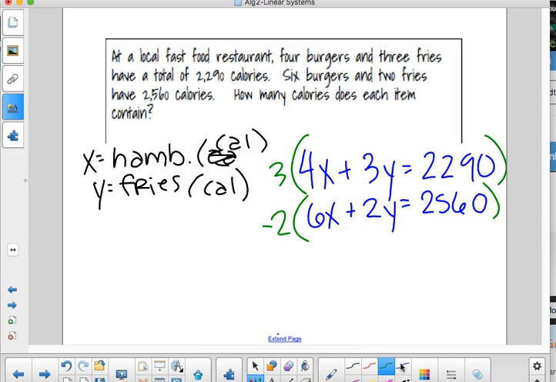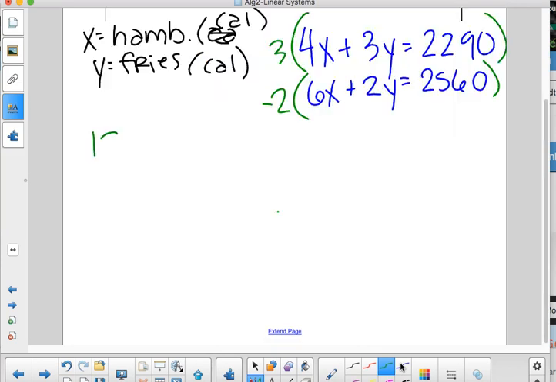4 times 3 will give us a 12x plus 9y equals -68, 70. You keep going with yours, Ethan. I put my negative in the other spot. Make sure you multiply all 3 parts by that number.